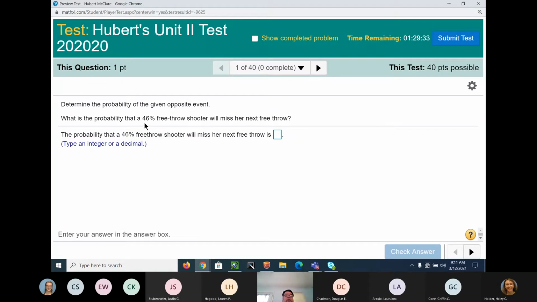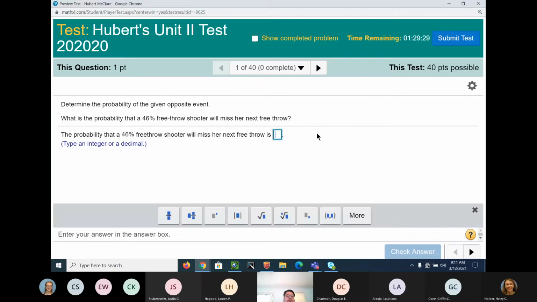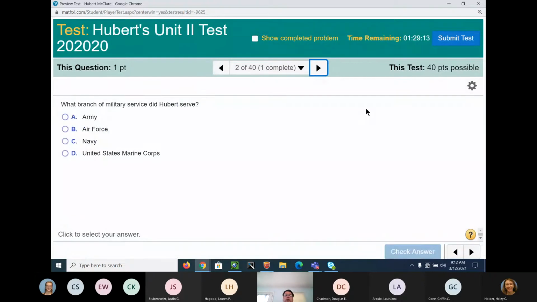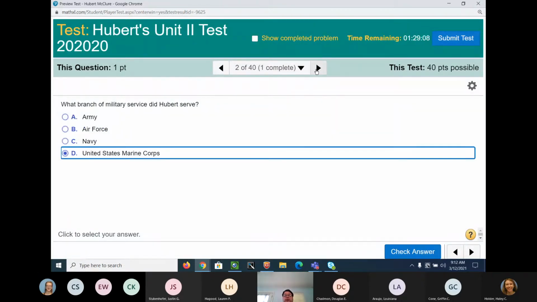Well, what's the complement of 46%? 0.54? That should be your answer. Now, that's one of those questions I put on there to make it real easy. So just wanted to let you know. And of course, that's the only one with the United States in front of it.